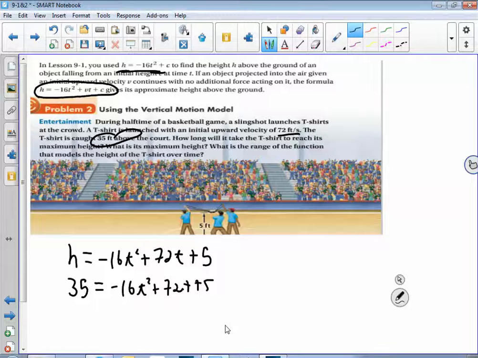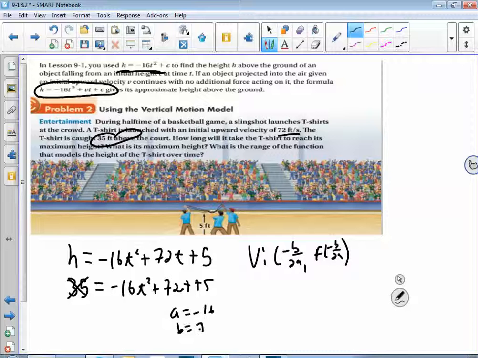In actuality, I don't need this 35. Okay, I don't need this 35, but what I do need is that vertex. The vertex is at negative b over 2a, comma, f of negative b over 2a, which means I plug that in. So we want to figure out the maximum height it's going to be. So let's find: a is negative 16, b is 72, and c is 5. So what I'm going to do is find the vertex, negative b.